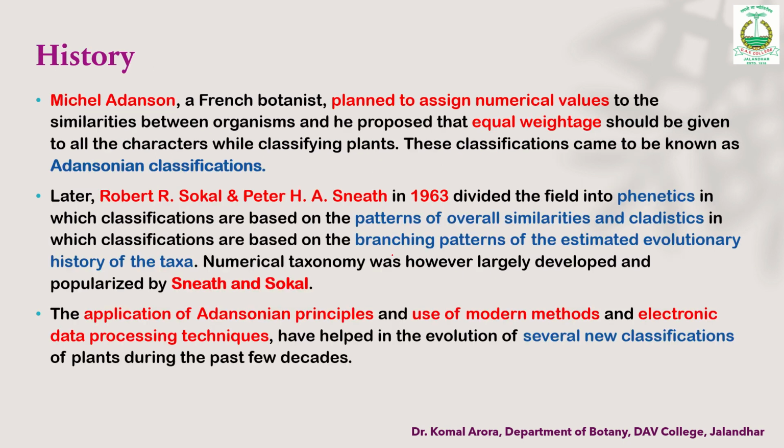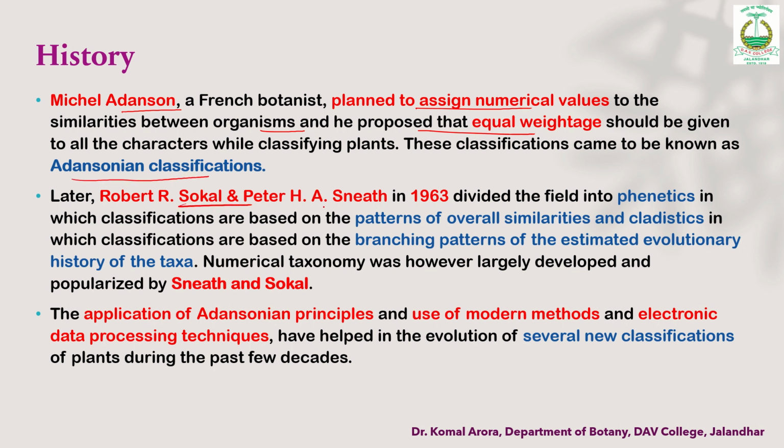So both are considered. Coming to the brief history of numerical taxonomy, Michel Adanson, who was a French botanist, planned to assign numerical values to the similarities between organisms, and he also proposed that equal weightage should be given to all characters. These classifications were called after his name, Adansonian classifications.